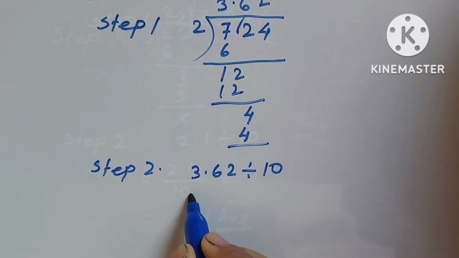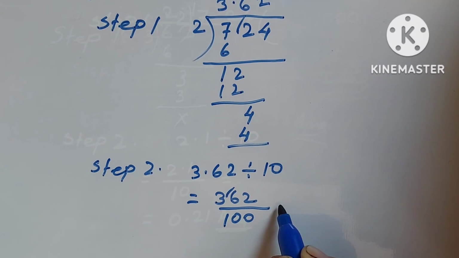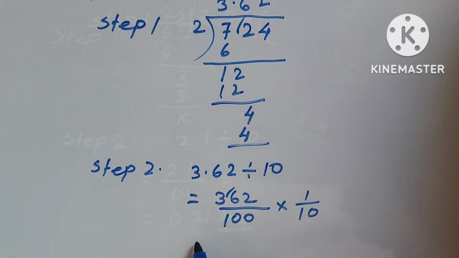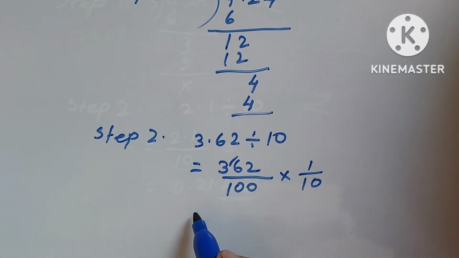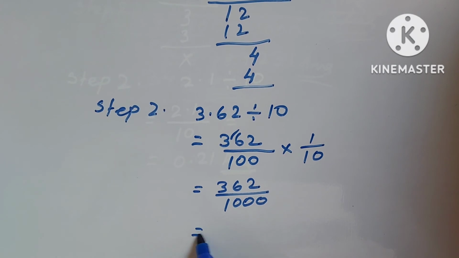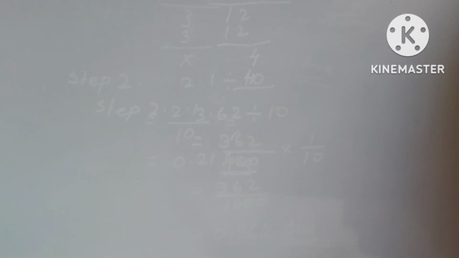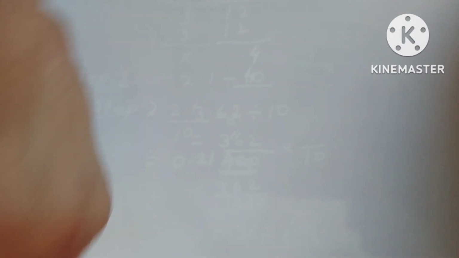Now 3.62 divided by 10, then we get 362 by 100 into 10, that is 1000. So 0.362 answer. We count digits from the right side.